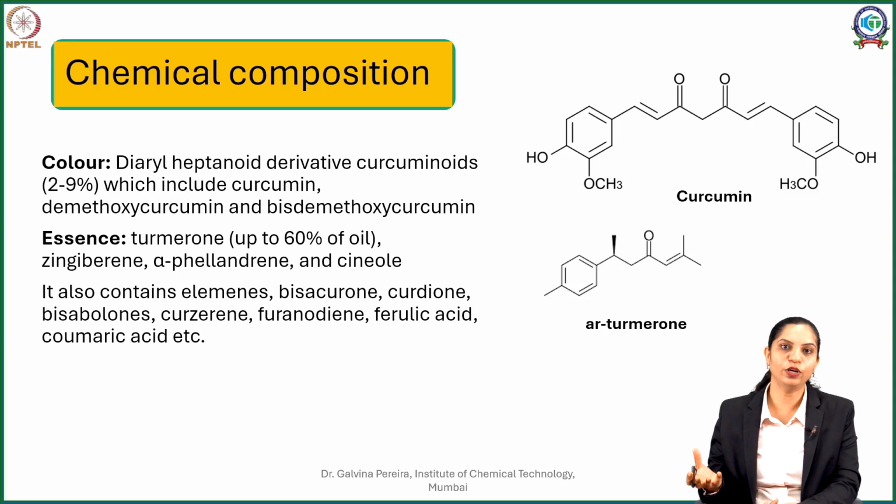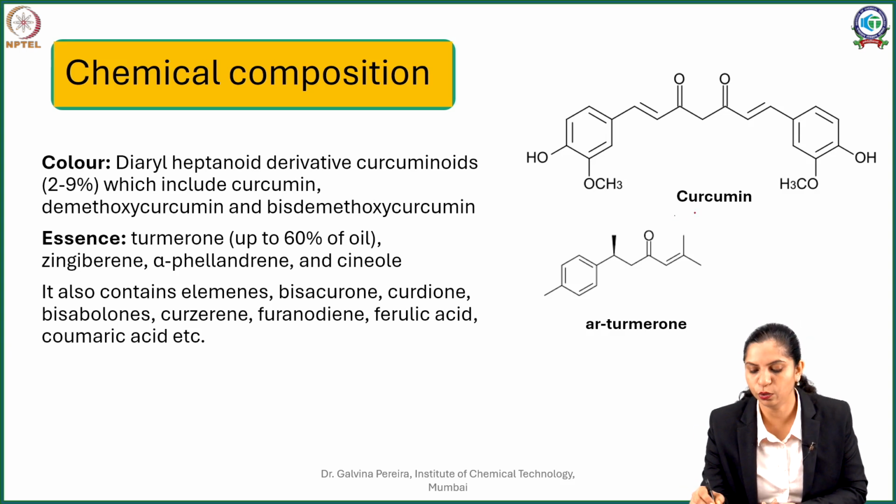So these curcuminoids are somewhere between 2 to 9% in your Curcuma domestica or Curcuma longa, but if you see your other varieties like your Lakadong one, you get almost 9 to 12% of this. So in your Curcuma longa, you have your curcuminoids, which are a mixture of three pigments.